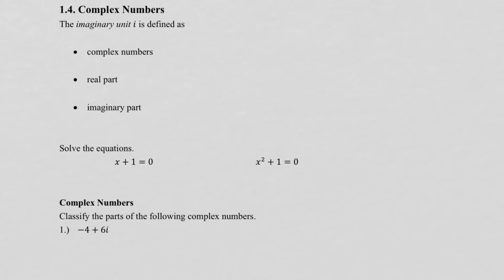So first things first, i is the square root of -1, which before this course you would get undefined or error as an answer, or not a real number.